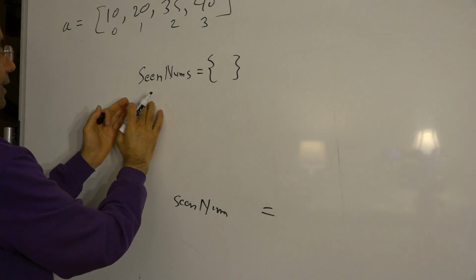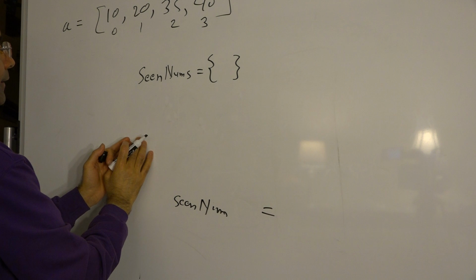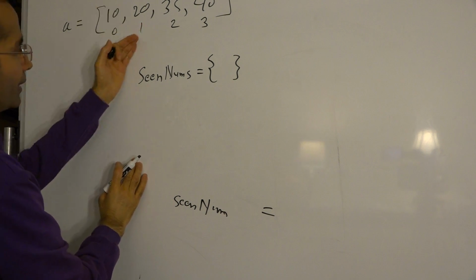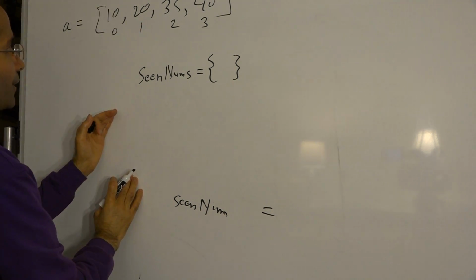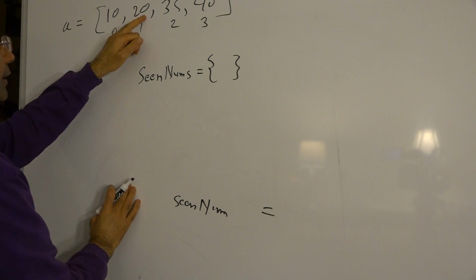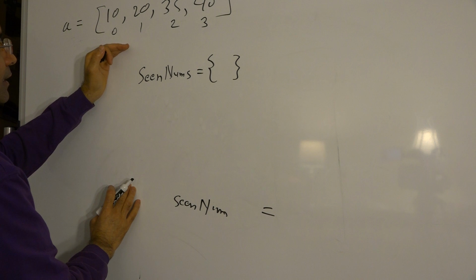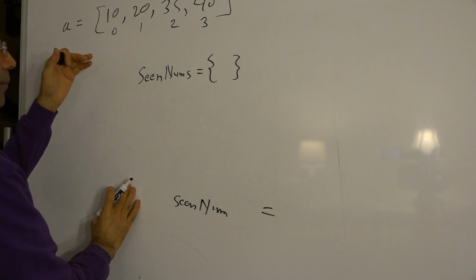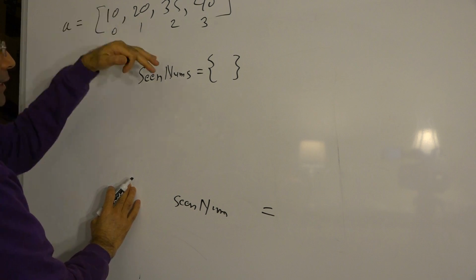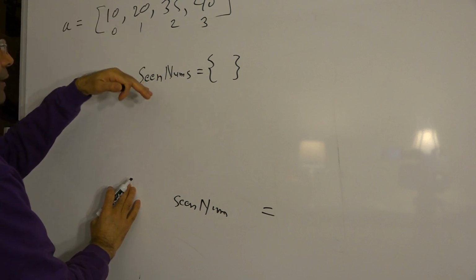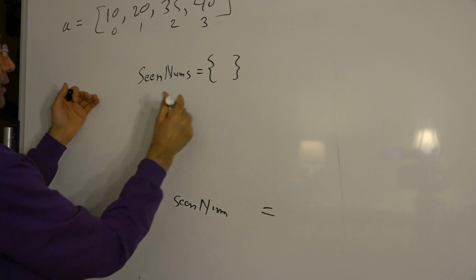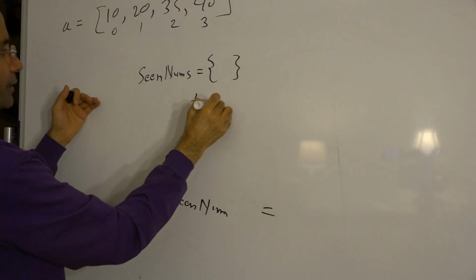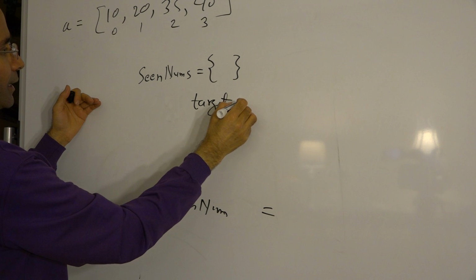How we proceed is, when I go to the second number, I need to do something. How do I know that the number that I have seen is or is not a matching pair? A matching pair would be when these two numbers added sum up to the target. So how do I know that? I can know that by subtracting from the target.